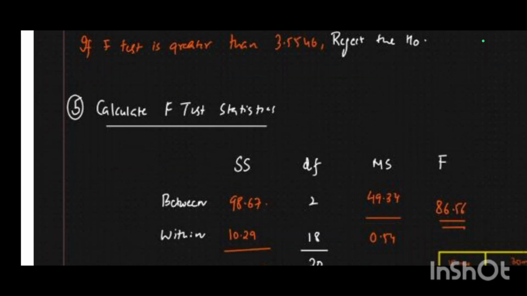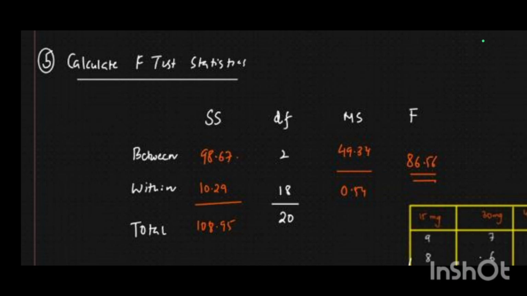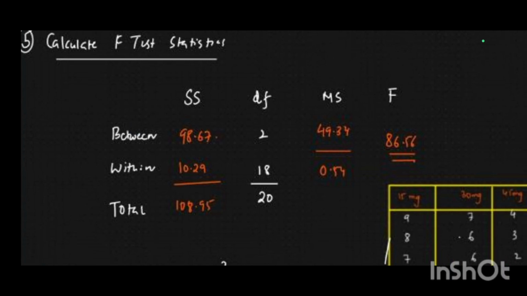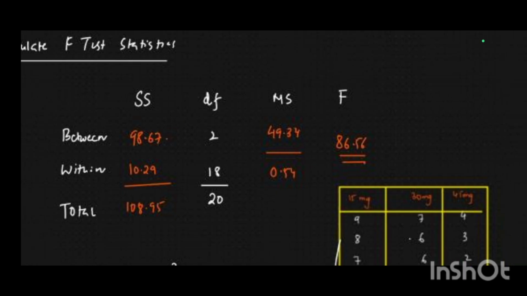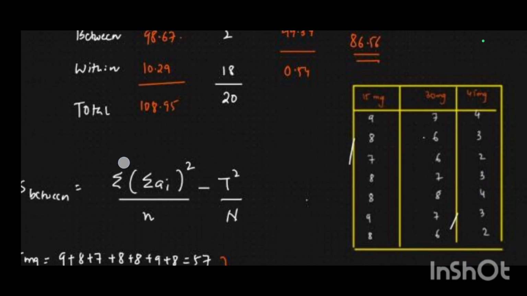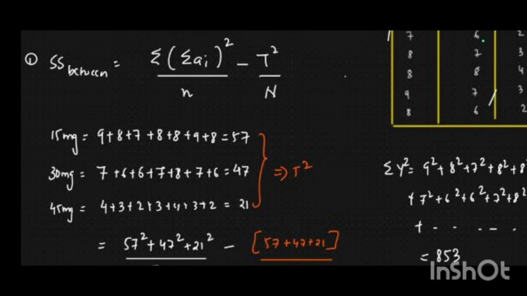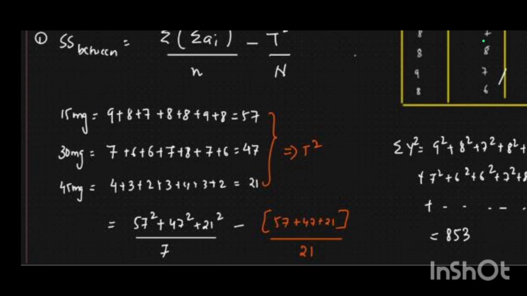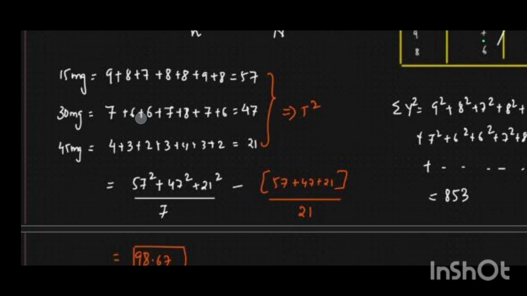Calculate the F test statistic table like this: sum of squares, degrees of freedom, mean sum of squares, and F calculated value. Here it is more than that. For 15 mg, 30 mg, 45 mg, if you consider the averages, they are doing the total and the square.